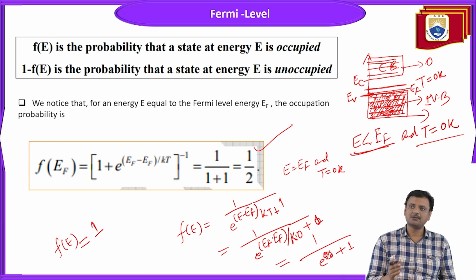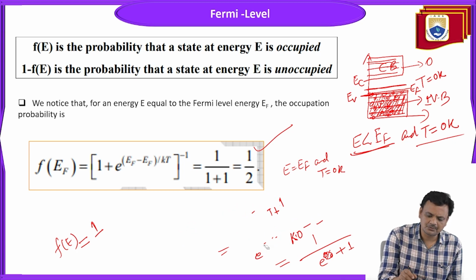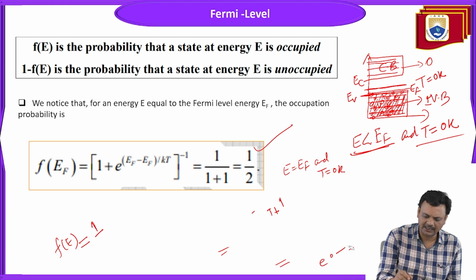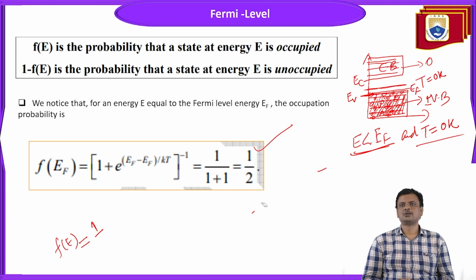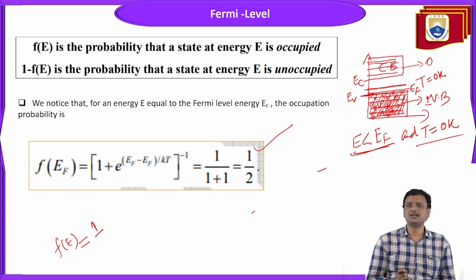So your Fermi level in that case is that level, meaning at absolute 0 temperature, your Fermi energy level is that energy level which also has an occupancy value, chance of occupancy value, of 1, and it will be the highest filled level, and you can say it is part of the valence band.